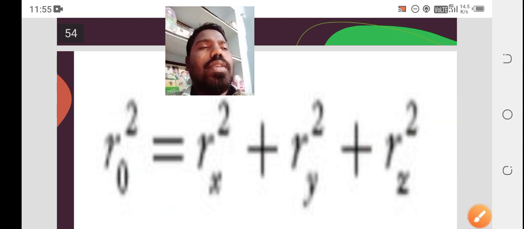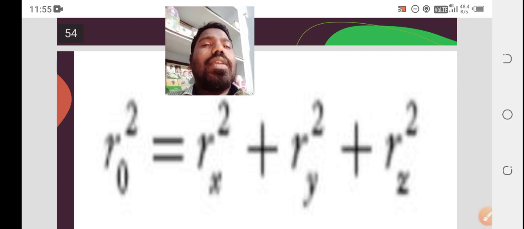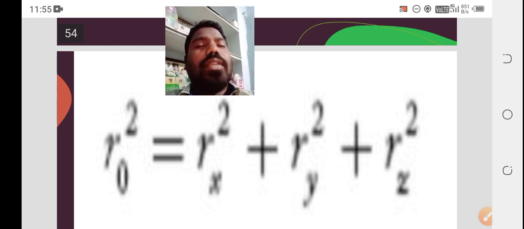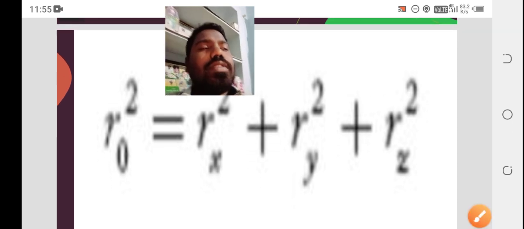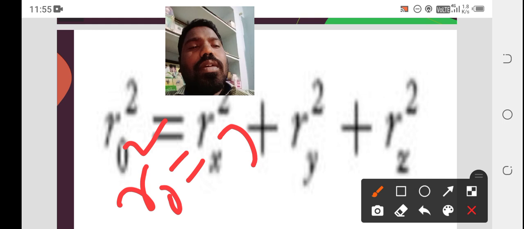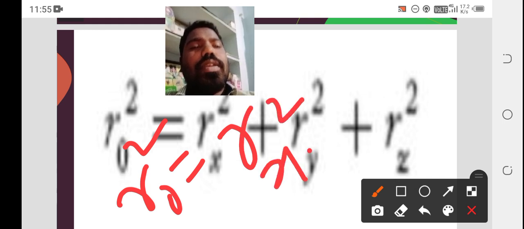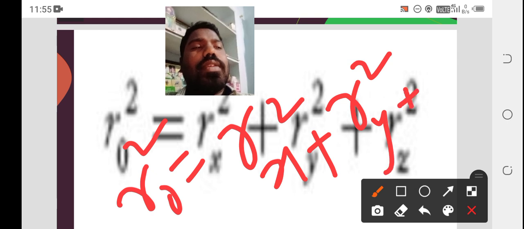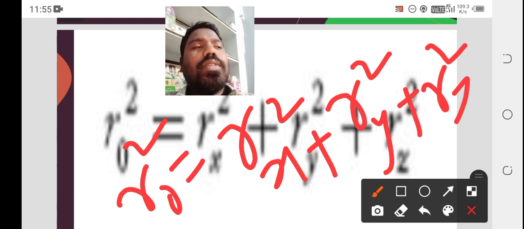This is about R naught, the total radius of the spherical shape.